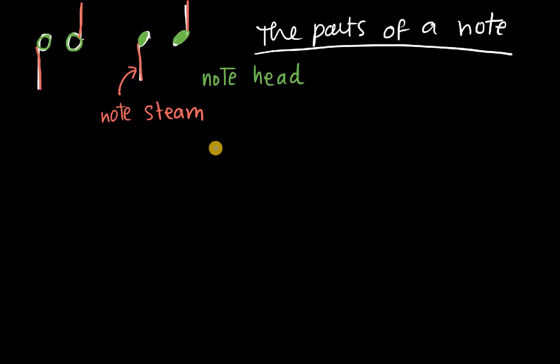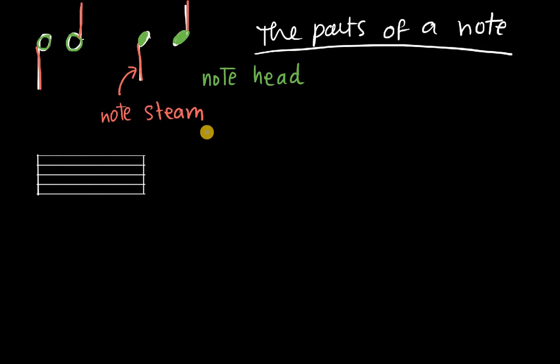The note stems will point up or down depending on where they are on the staff. So here's a staff. The note stems will point up if the notes are below the third line. Here is the third line of the staff. So any notes below that, the stems are going to go up.